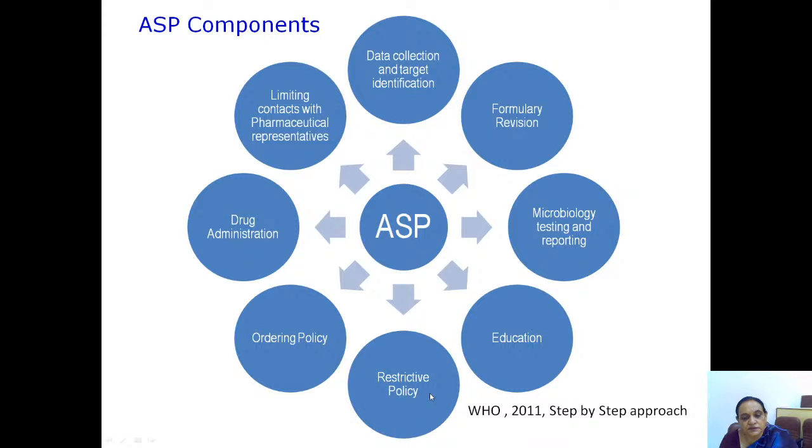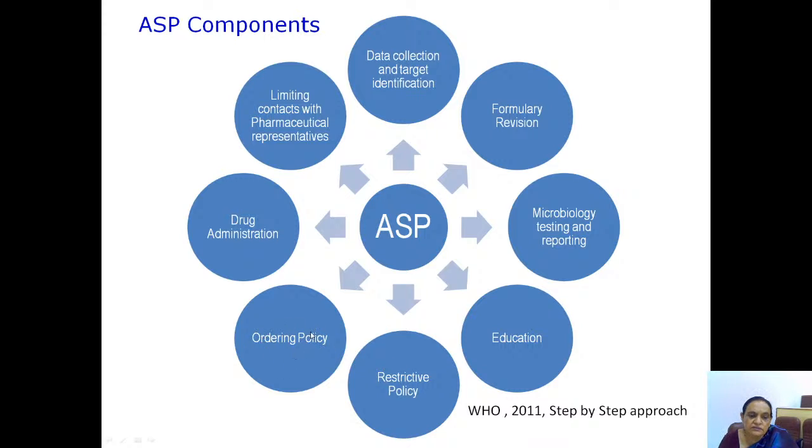Restrictive policy is one limb where, policy-wise, you make a protocol that such and such antibiotics will not be prescribed, maybe except by senior residents, or only by the faculty or HOD. That way you can restrict the use, or at least use antibiotics judiciously.